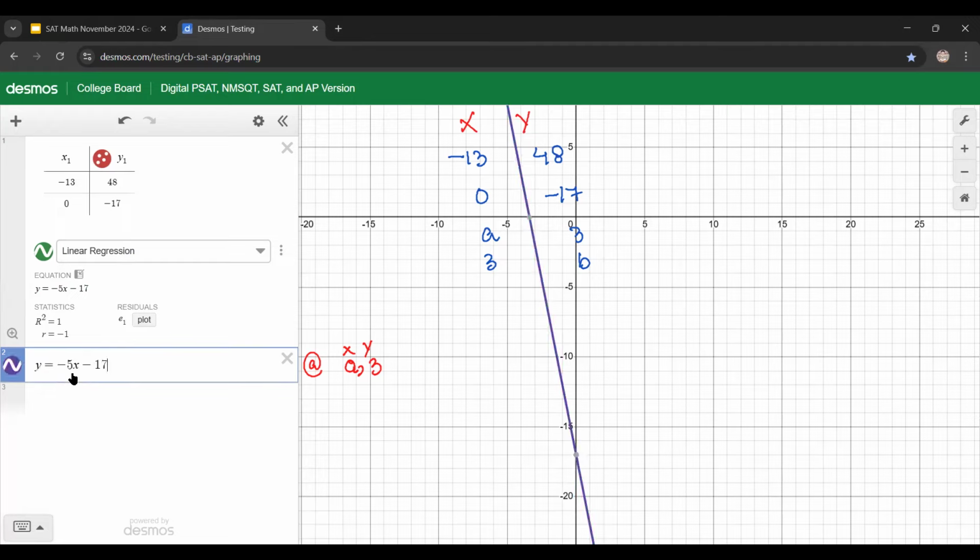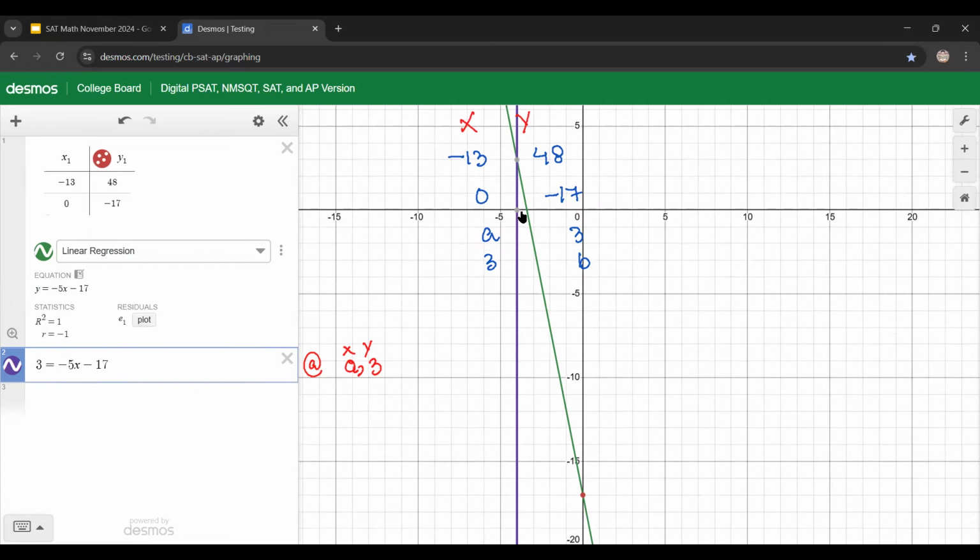So x is a, I'm keeping x as it is, and y is 3. So this is my value of x, which you can see is -4. So my a is -4. A equals -4.